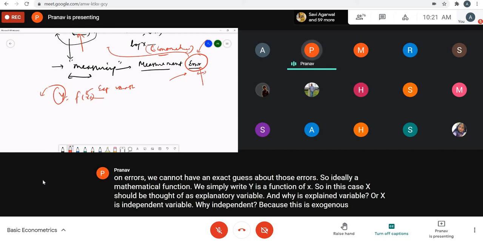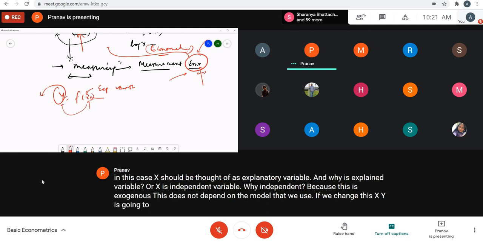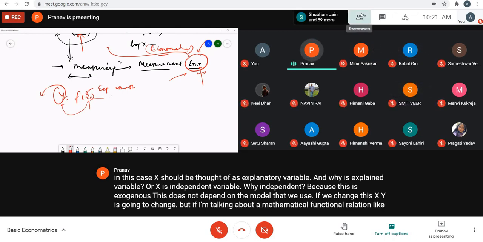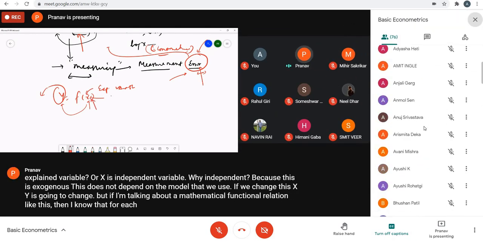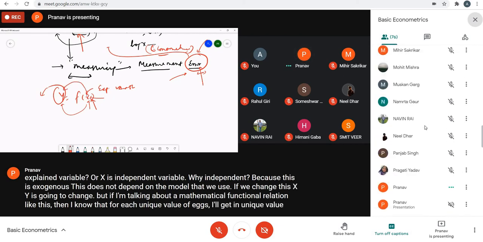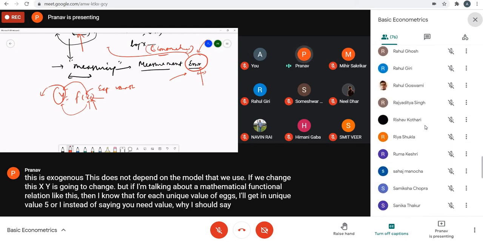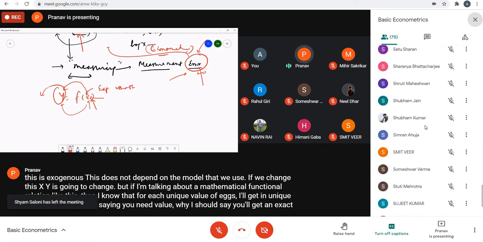This does not depend on the model that we use. If we change this x, y is going to change. But if I'm talking about a mathematical functional relation like this, then I know that for each unique value of x, I'll get a unique value of y. Or instead of unique value of y, I should say you'll get an exact or deterministic value of y.